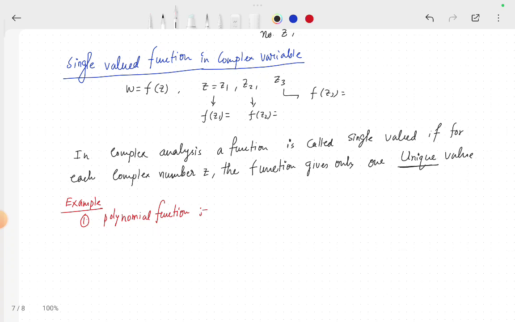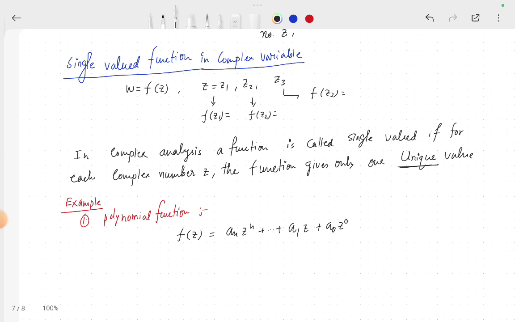So like f of z is equal to a_n z to the power n plus ... plus a_1 z plus a_0 z to the power 0.